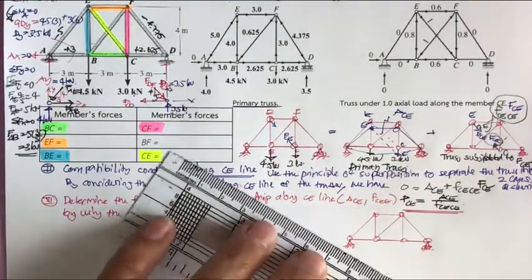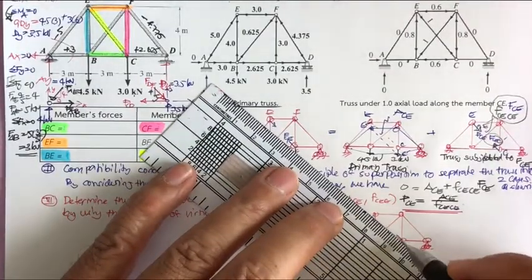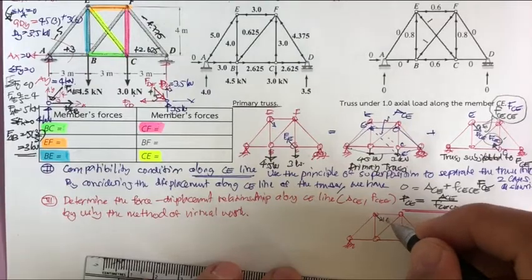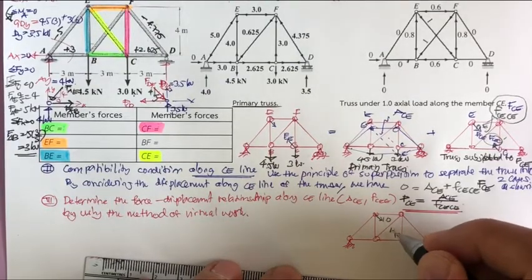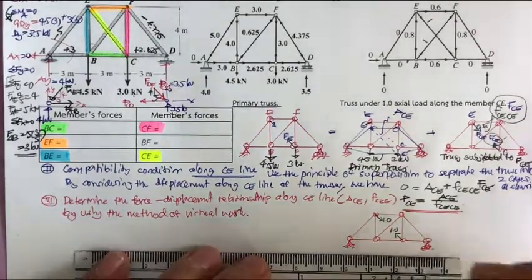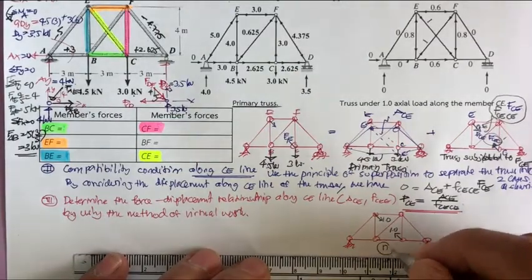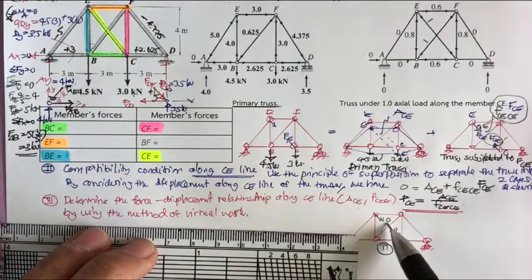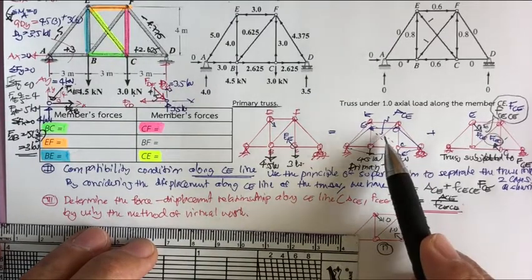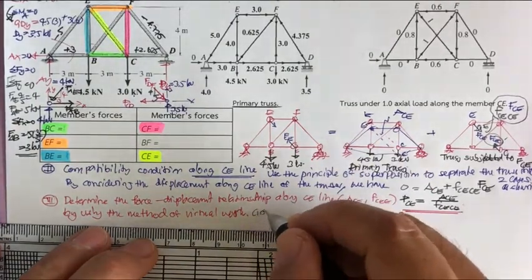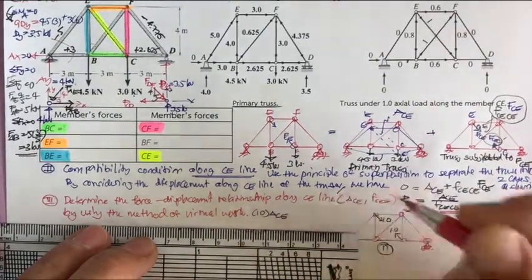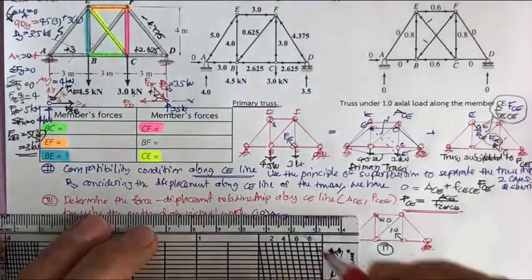So what we have is, we're going to put this one 1.0, and this one is 1.0, and this one will produce the internal force N. What we have is this 1.0 times this displacement 1.0 times the delta sub CE. This is going to be the external virtual work.